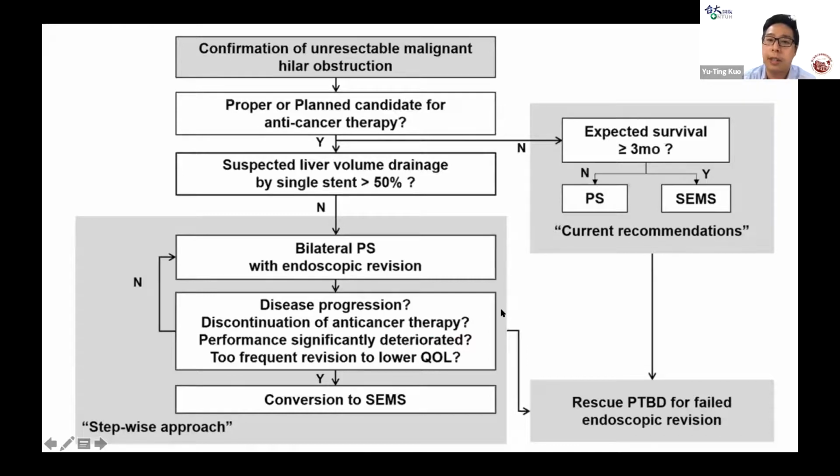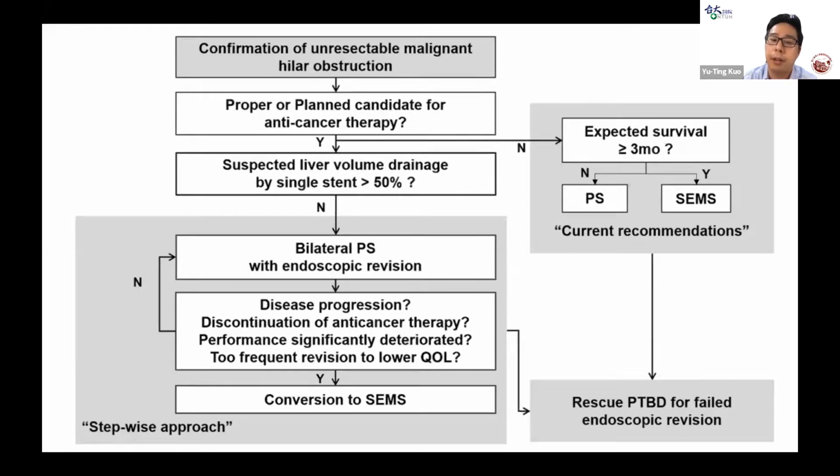They use a step-up drainage strategy. If the patient cannot receive anti-cancer therapy and has a longer survival, maybe you can use a metal stent. However, if they can receive chemotherapy, you can try a bilateral plastic stent first, because it is easier to do reintervention.